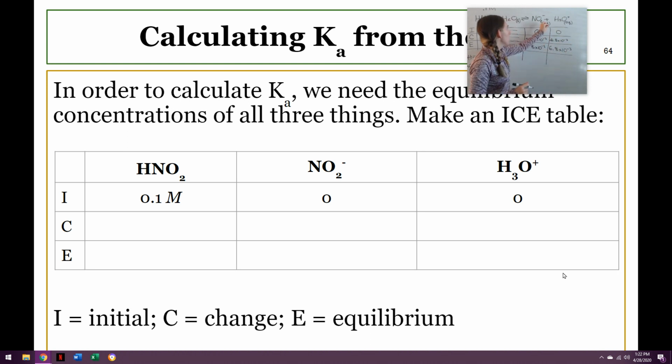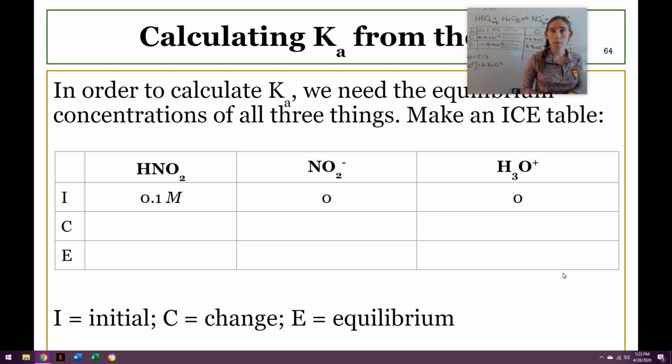In order for that much to be produced, that same amount had to decrease on this side. So we have a negative 6.8 times 10 to the negative 3. So in that way, you do have stoichiometry and your coefficients here. So 0.1 minus 6.8 times 10 to the negative 3 is our equilibrium concentration for HNO2.